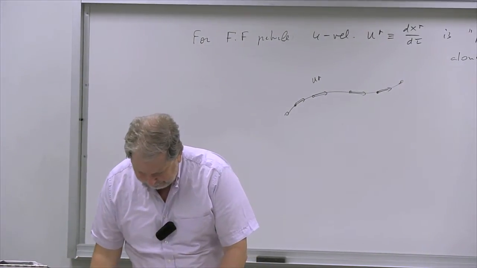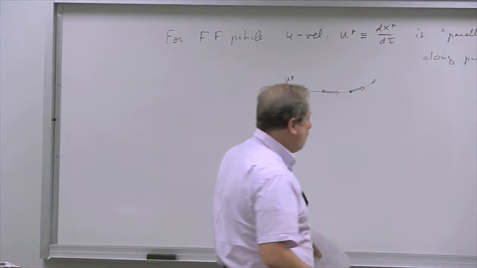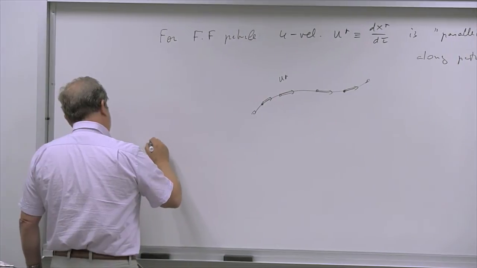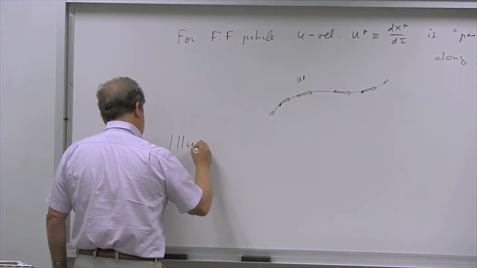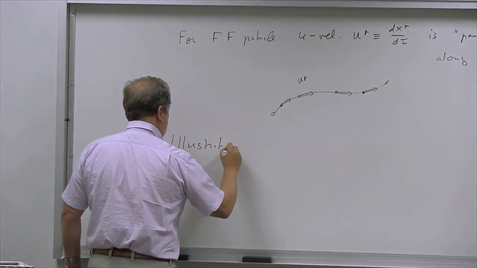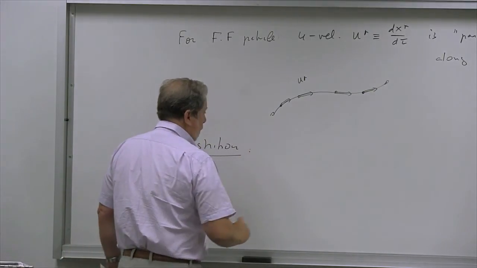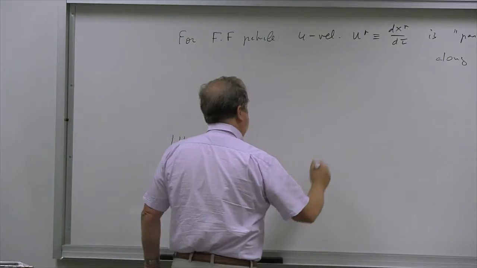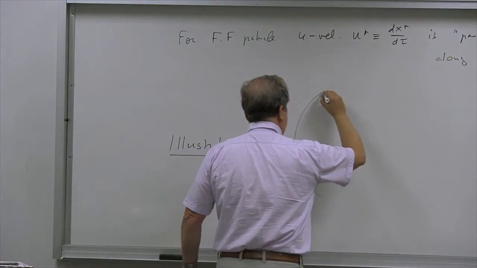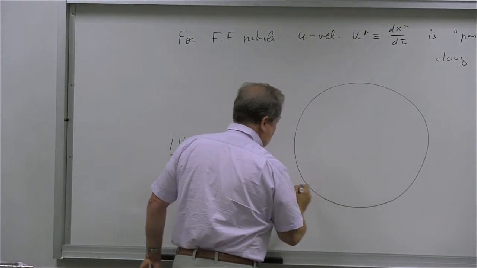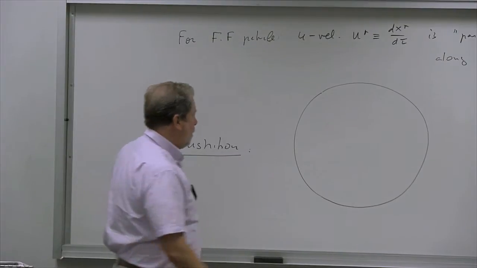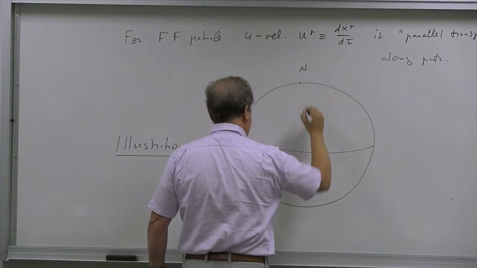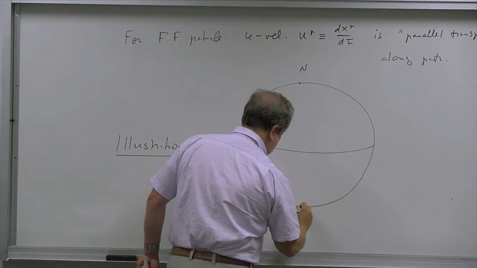And so let's look at an illustration of parallel transport. Let me delete that. And so let me look at a sphere. In fact, it will be easiest to just visualize what happens on Earth when you do this kind of parallel transport. So here you have north and south, right?